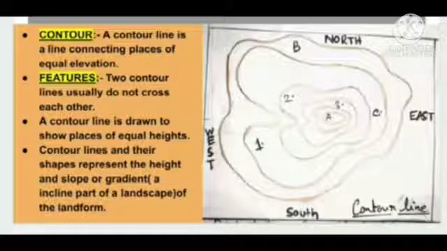A contour line is drawn to show places of equal heights. Point number 3. Contour lines and their shapes represent the heights and slopes or gradient of the landforms. Gradient means an inclined part of a landscape.